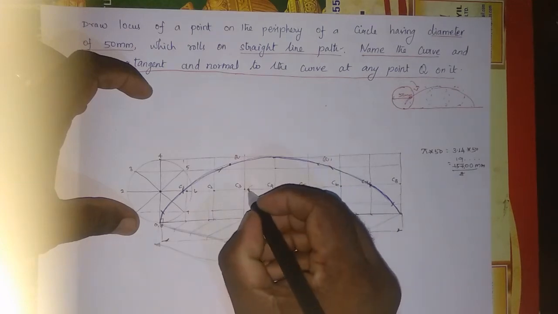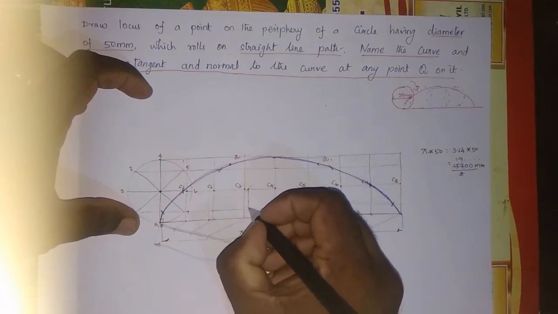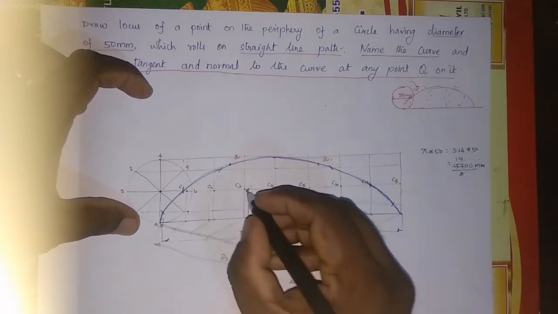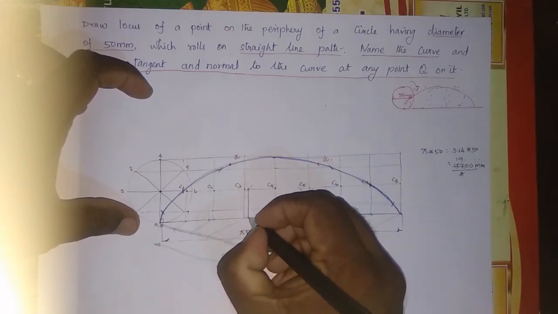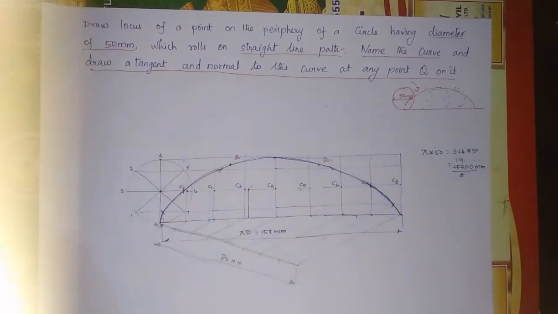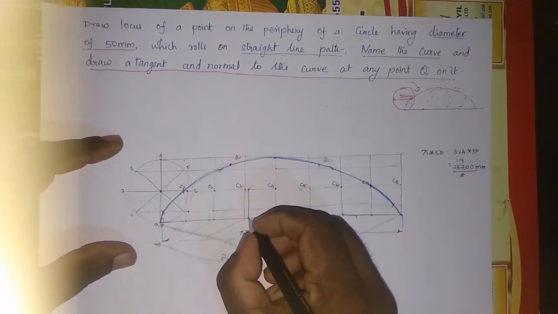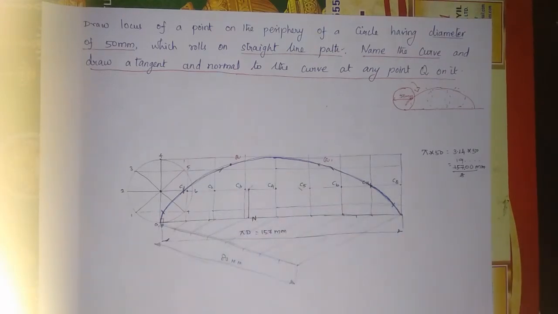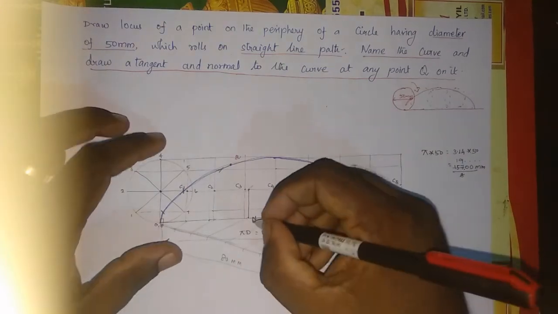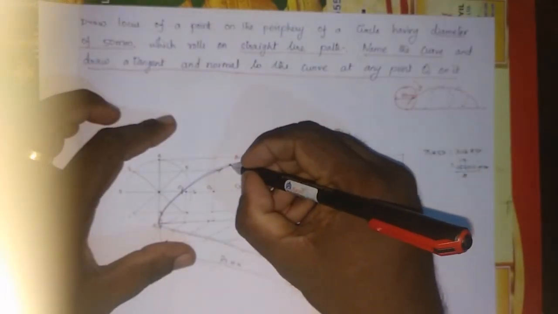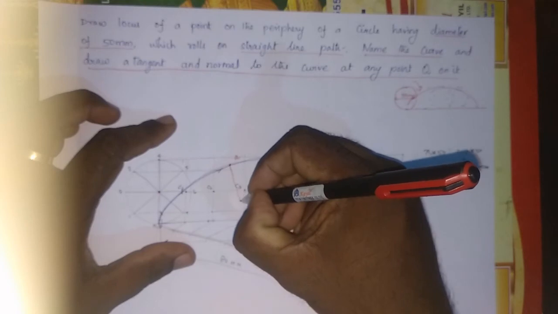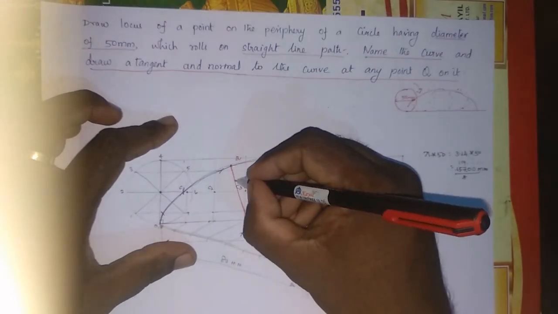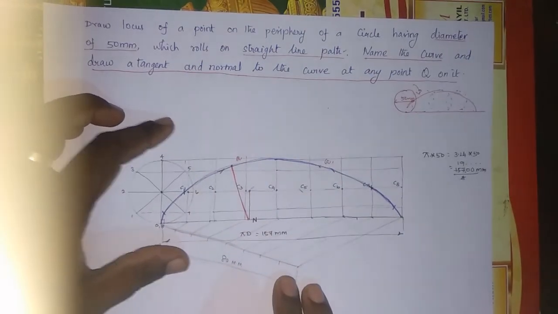So from this point I just draw a drop to the base. This is the baseline. Up to that baseline we have a drop. That point is called N. By joining Q and N, this is called the normal.